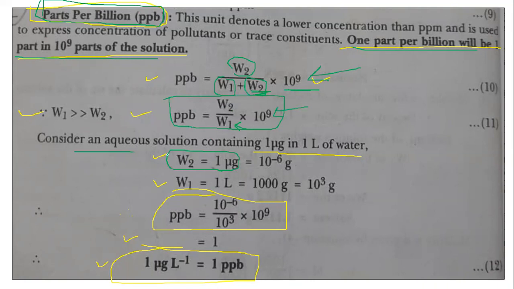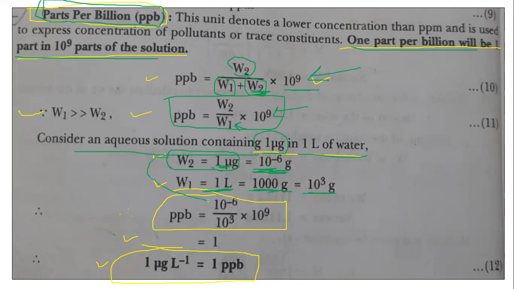Consider an aqueous solution containing 1 microgram in 1 liter of water. See now, W2 is 1 microgram in 1 liter of water. So 1 microgram equals 10 raised to minus 6 gram. And here 1 liter is equal to 10 raised to 3 gram. So just put the values.